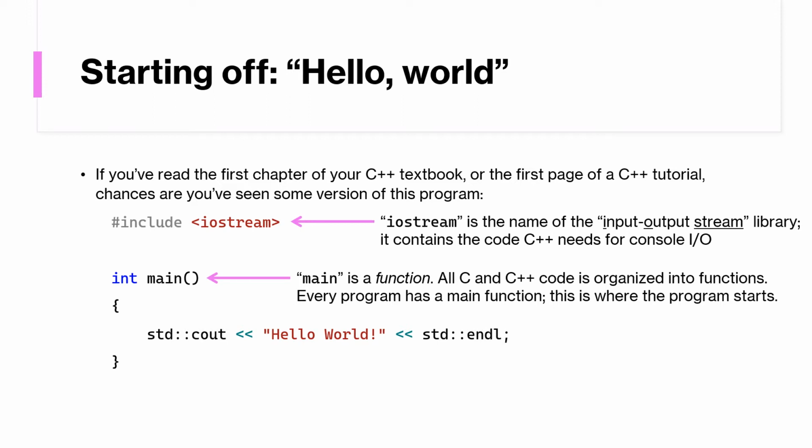Okay, you might have just the main function for a simple program, or you might have dozens of specific functions that do specific things. You'll learn how to write other functions besides main in about 3 lessons or so. But every C++ program has a main function, and this is where the program starts.